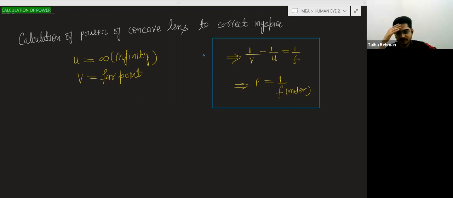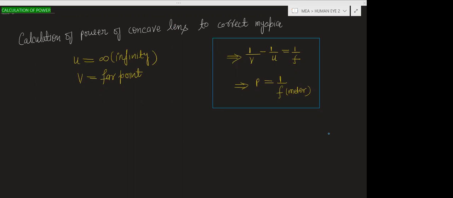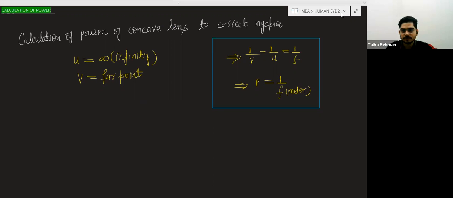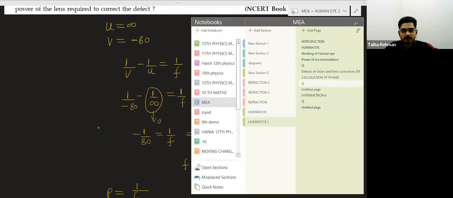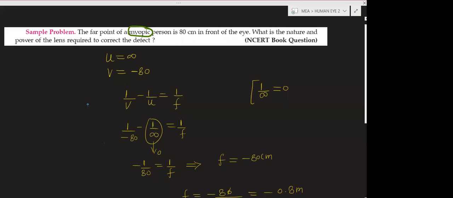Write down fast, Hamna and Martin. Done, sir. Hamna, completed? Okay. So write down this.